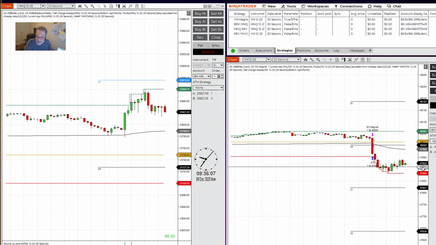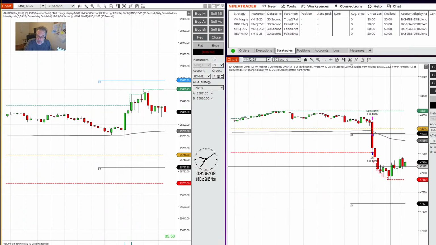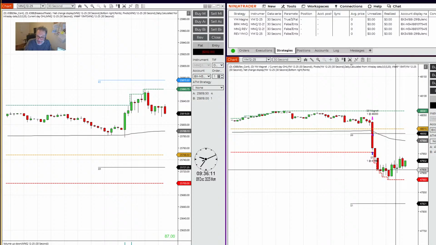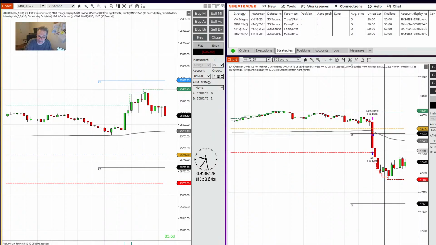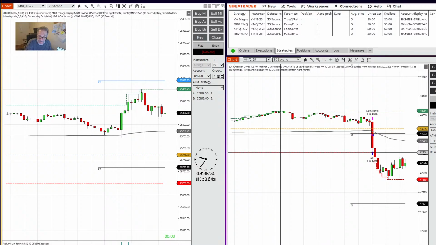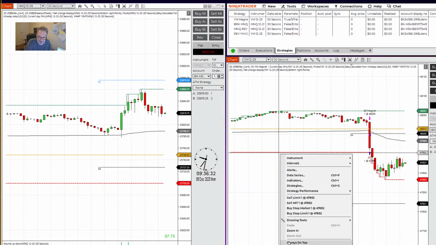It's more movement than you think. It went from 12 to 38 at least. So 26 ticks. Not terrible.